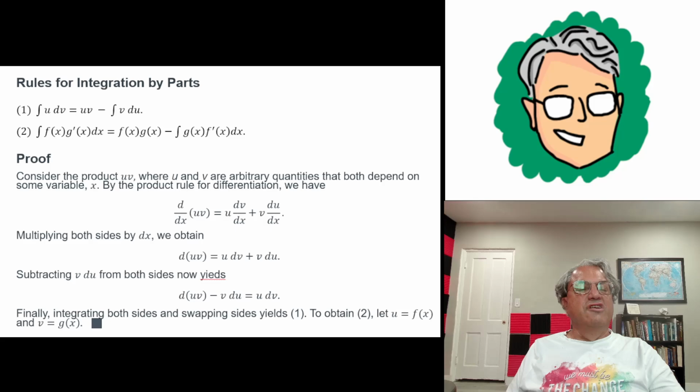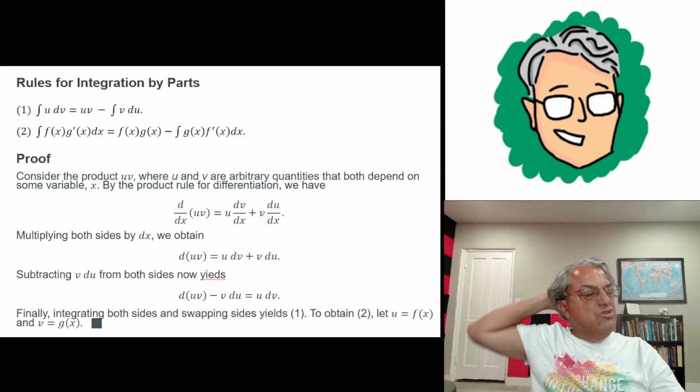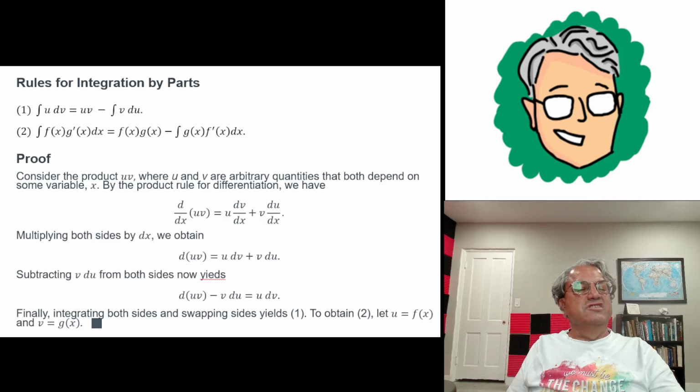You've seen this already. Now, the next thing you want to do is multiply everything by dx. And if you do that, you get differential quantities on both sides. You get d of uv equals u dv plus v du. I think I talked briefly about differential quantities a few videos ago.